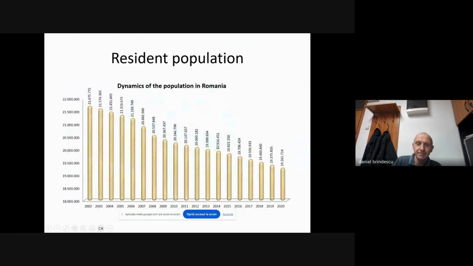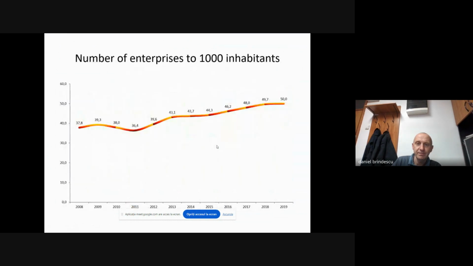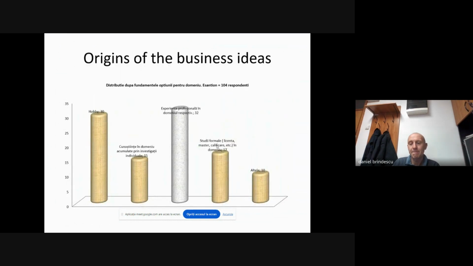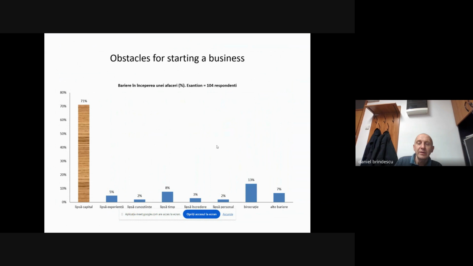And here you can see that for this group, the main barrier in the path of them starting a business was the lack of capital.